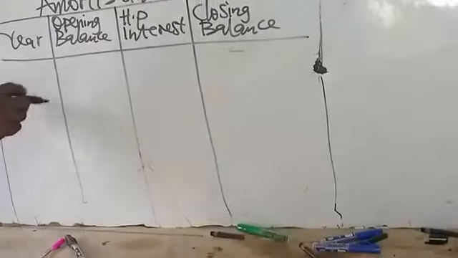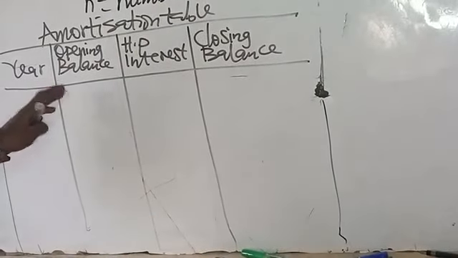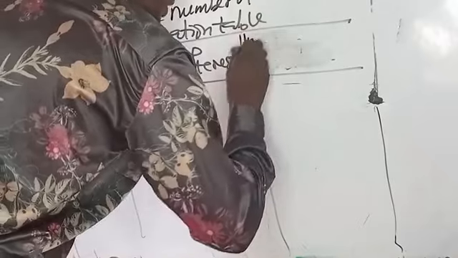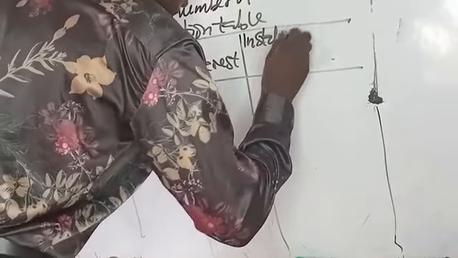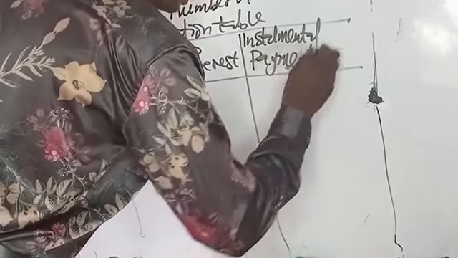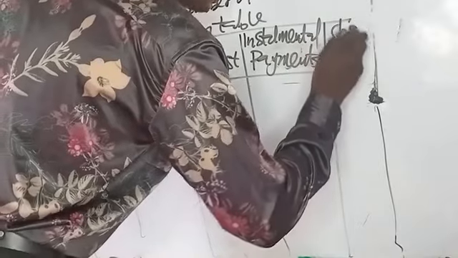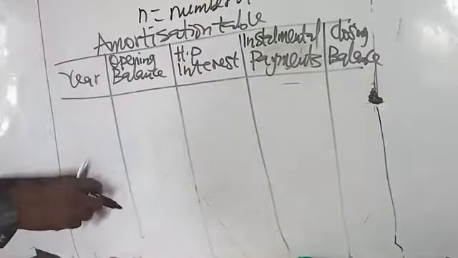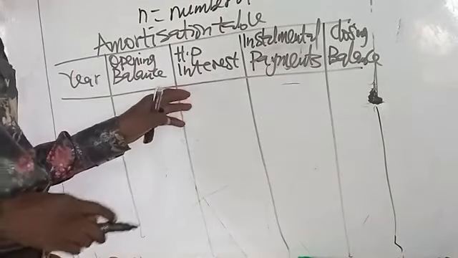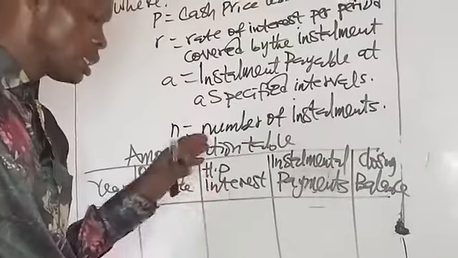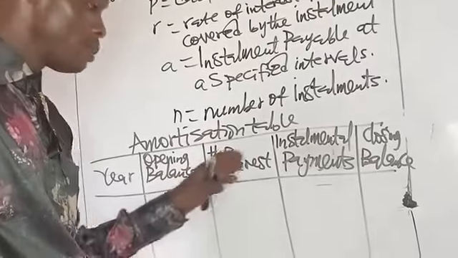So you set up an amortization table like this: your opening balance, installment payments, then the closing balance. You use this amortization table where the hire purchase interest is payable at the end of each period.